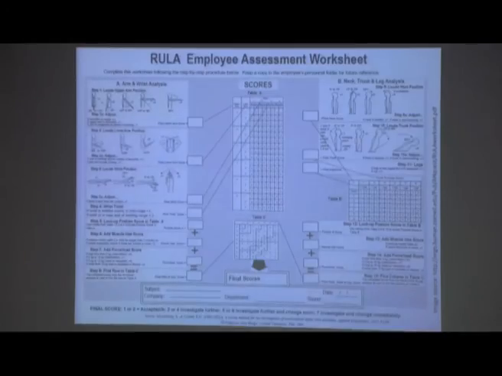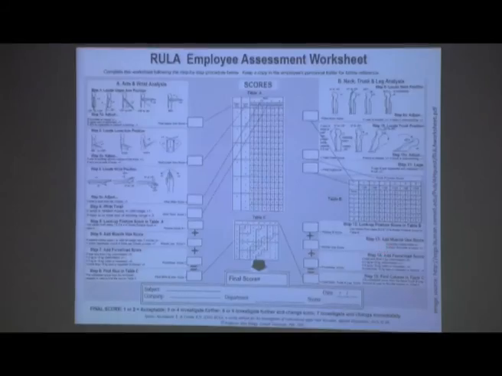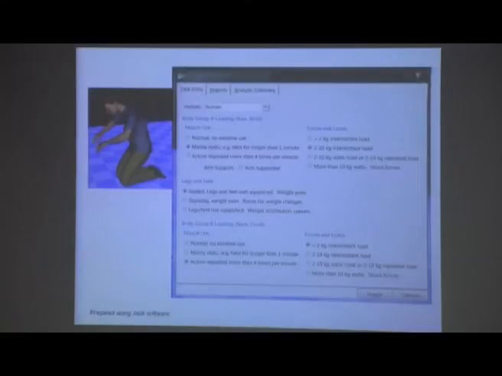If we go back to this one, for group A, arm, wrist and legs are involved, with muscle and force. Similarly in group B, neck, trunk and legs are there, with muscle and force added, and finally we get the grand score. In the software, posture is already identified.